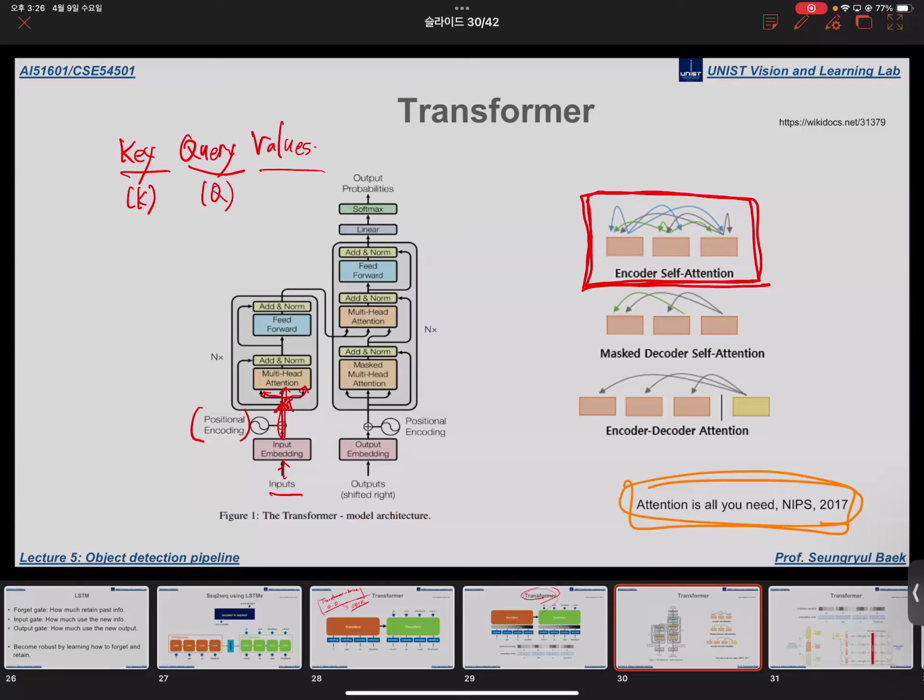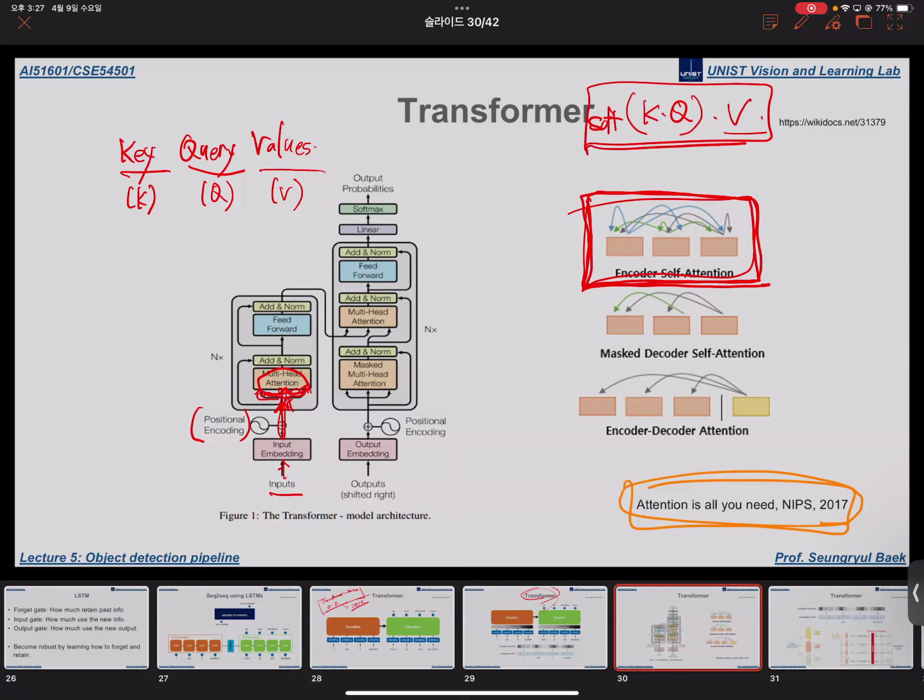K, Q, V: the first input is called key, the second is called Q, and the third is called V. When you see the formula of the attention mechanism, K and Q are dot-producted, then some softmax is applied, and then dot-producted again with V. That's how the attention mechanism works.